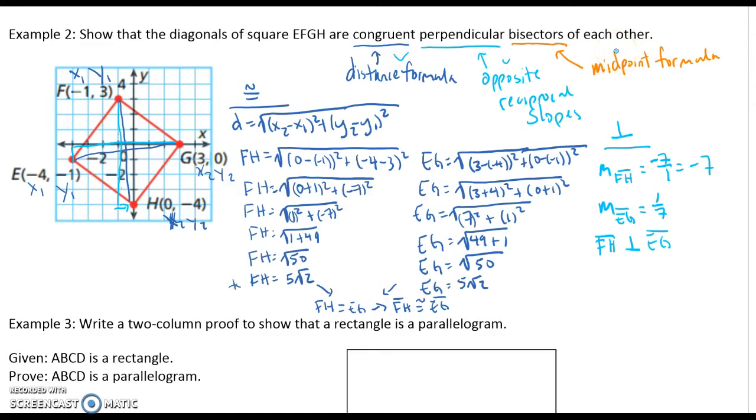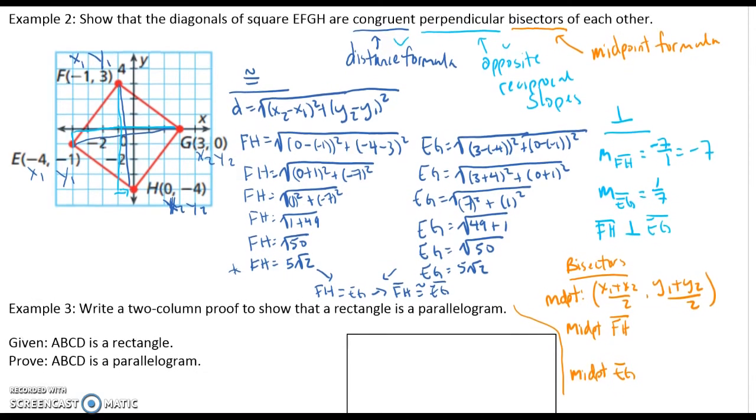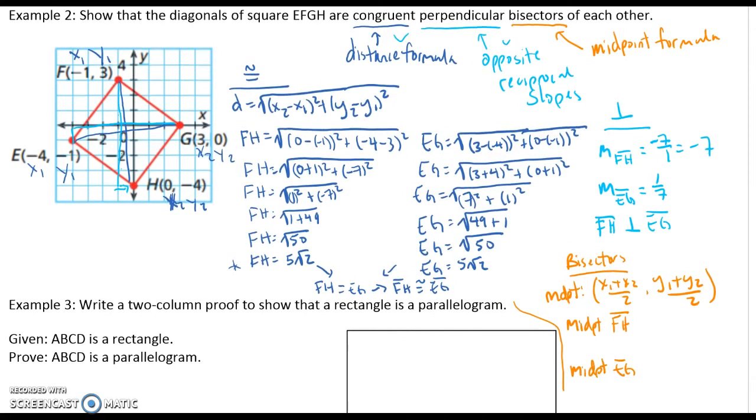How do I know they're bisectors? So what I want to do here is show they have the same midpoint. So finally, here in orange, I'm reminding you what the midpoint formula is, and we're going to go ahead and find the midpoint of FH and also the midpoint of EG. All right, let's ignore that rectangle there. So let's go ahead and do our work, and we should see the exact same point.